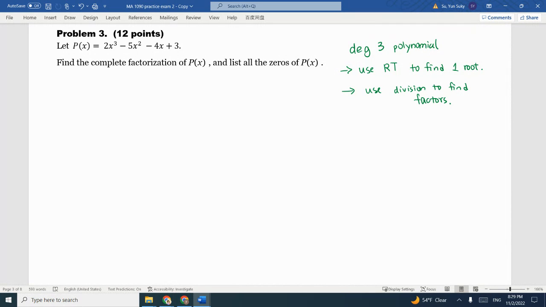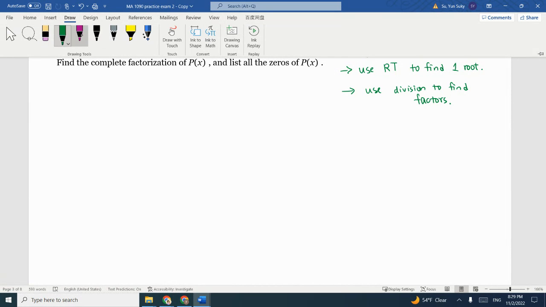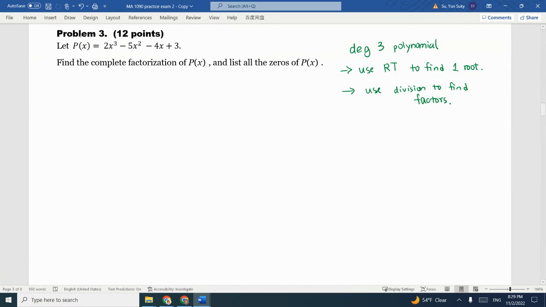Let's see, what's the rational roots theorem? The rational roots theorem tells us that we look at the factors of the constant term. Here, the constant term is 3. Factors of the constant term 3 always start with plus or minus 1, and then the next factor, plus or minus 3, right, everybody?